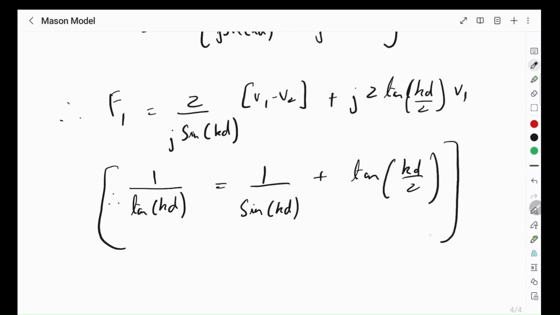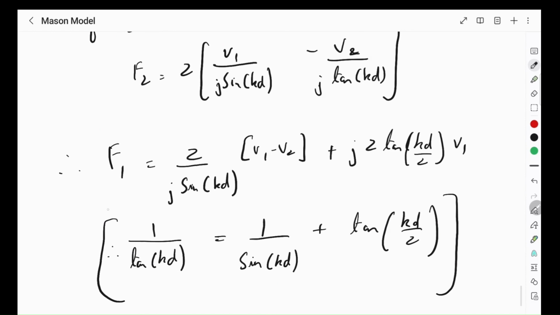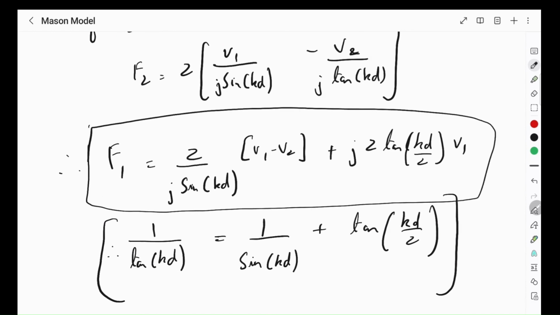From this trigonometric identity I split it and wrote it so that I can write this F in this form. So why do I need to write this? Here you can think of voltage in terms of current. Before I told you if the current is branching here, then I will have I1 minus I2.